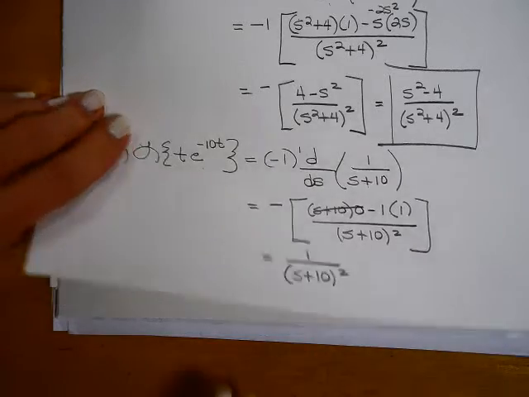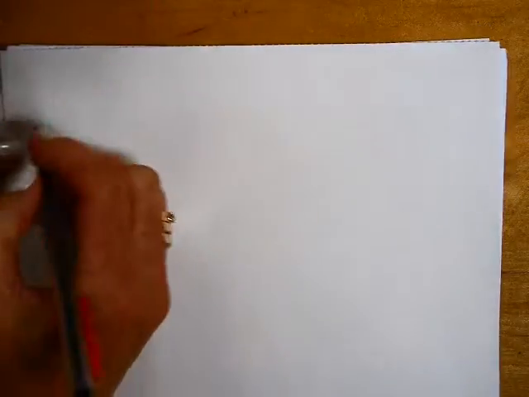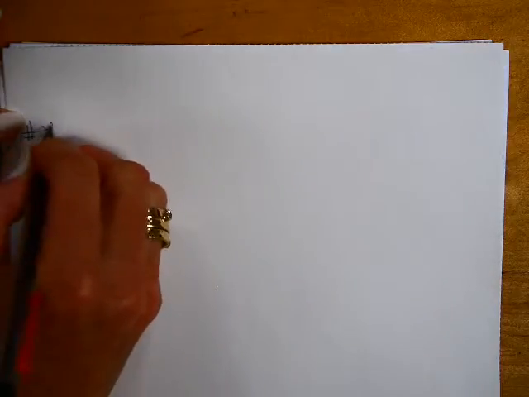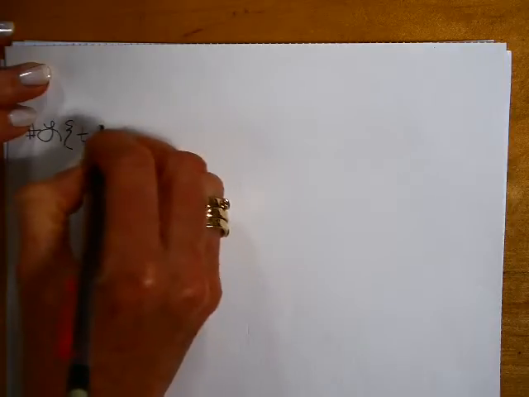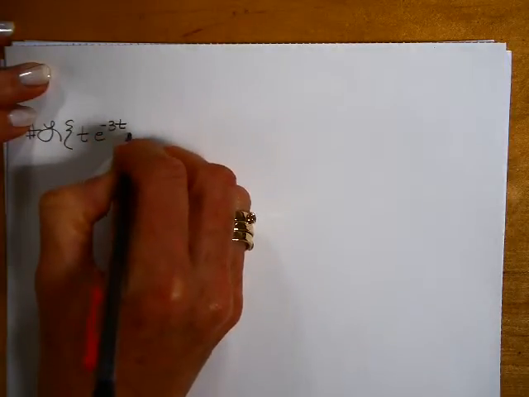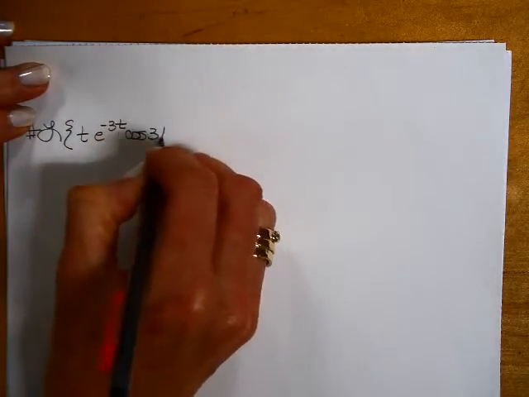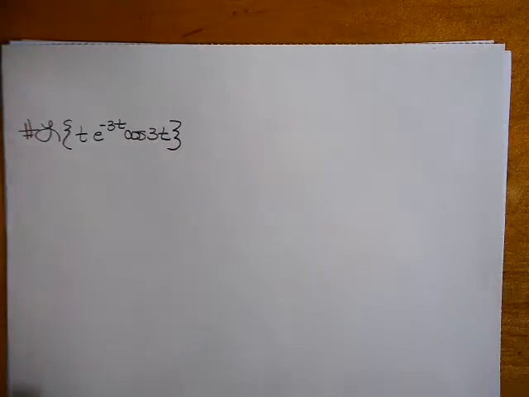Okay. And then I'm going to do one more before I start putting all this together. Number 8. The Laplace transform. This has got t times e to the negative 3t times the cosine of 3t.